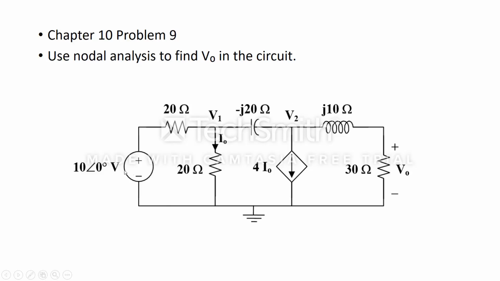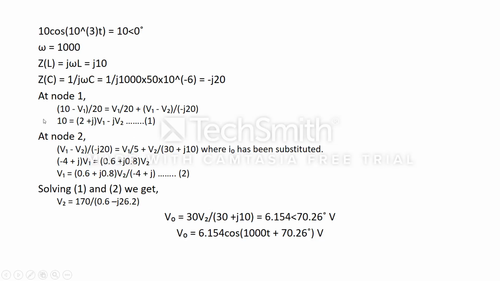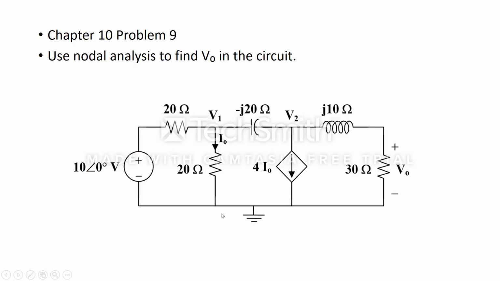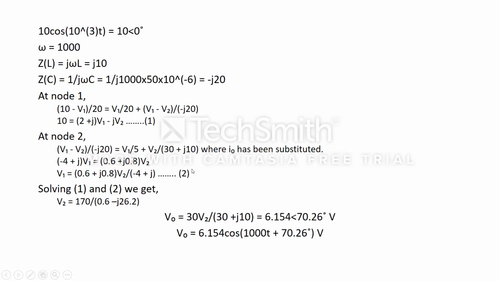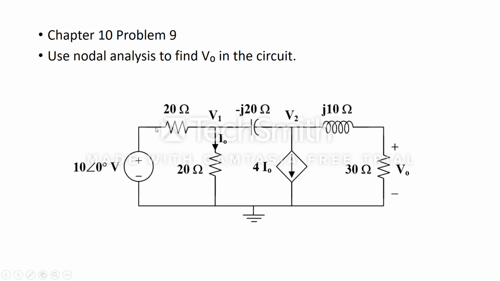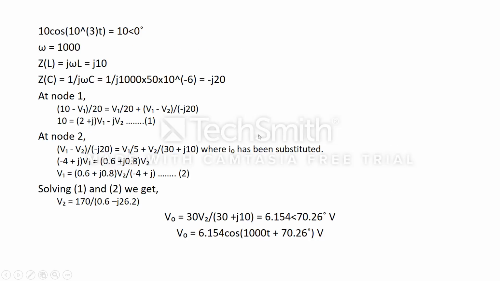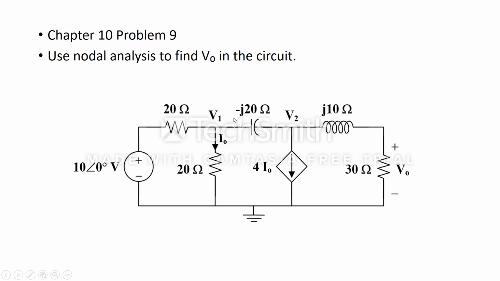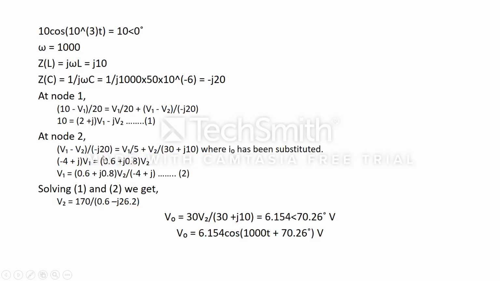So, considering this branch, we have (10 minus V1) by 20, which is equal to the current flowing over here, which is (V1 minus 0) by 20, since this is a zero potential point, plus (V1 minus V2) by minus j20, the potential difference over here. Simplifying this equation, we get 10 equals (2 plus j) V1 minus j V2.